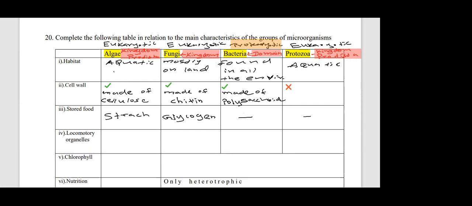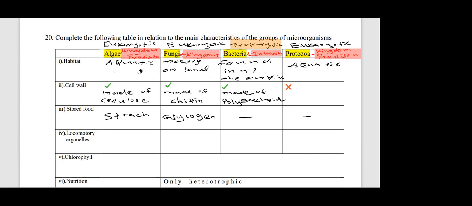Okay. Then locomotory organelles. This is very, very important. Algae don't have special locomotory organelles because they are anyway aquatic, but sometimes they can have.